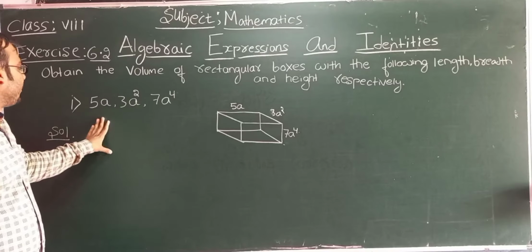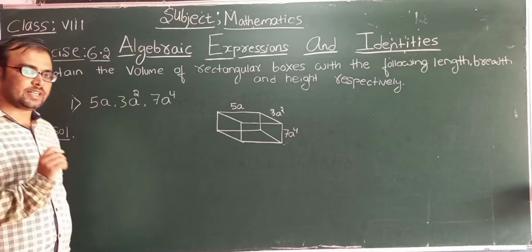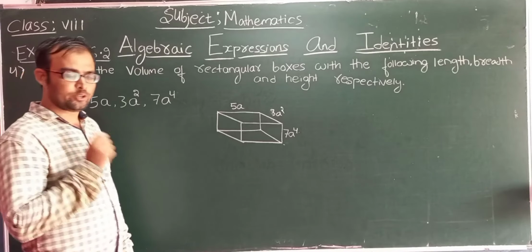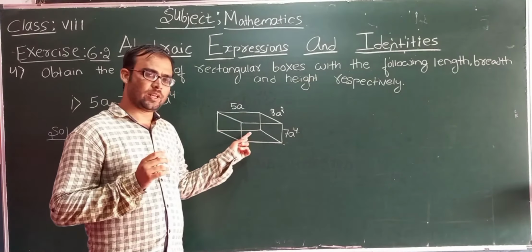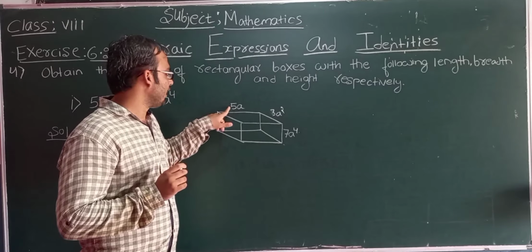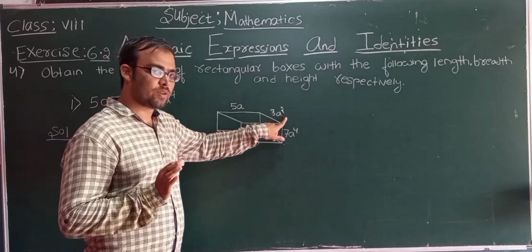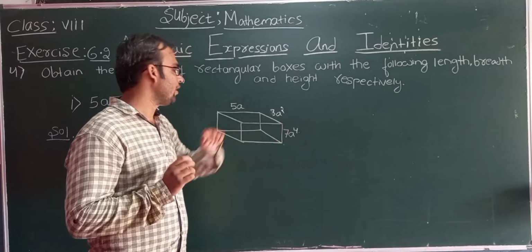So here what they have given: 5a, 3a square, 7a to the power 4. Okay, so if you think that this is a rectangular box, then the length is 5a, breadth is 3a square and height is 7a to the power 4.